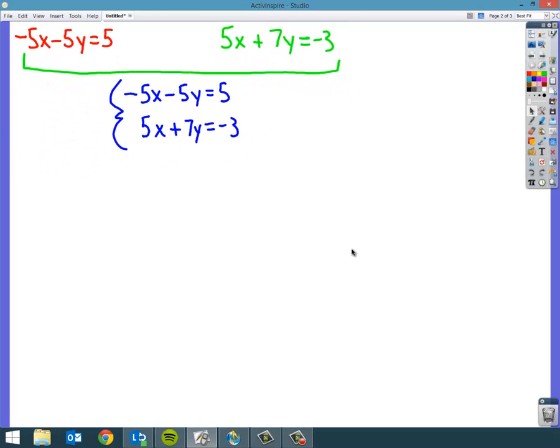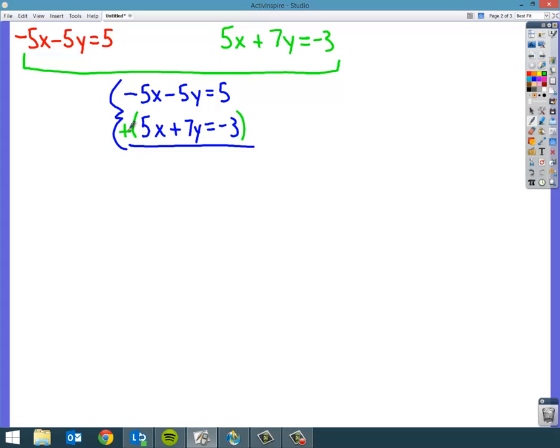Okay, so hopefully you remember from last class, and even from Algebra 1, solving for x and y here should be pretty easy for you. I don't care if you use substitution or elimination. It really doesn't matter to me. I would argue that elimination is the best method here, only because my coefficients of x are opposites. So what I can do is add these equations, and that would eliminate x right away.